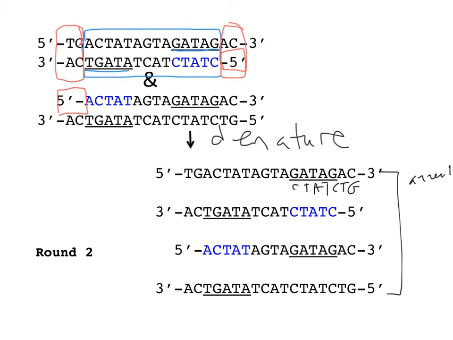We could anneal primers to all of these primer sites that exist. So we've denatured. We anneal the primers to the template DNA, to the copies of the chromosome. What's the next step?